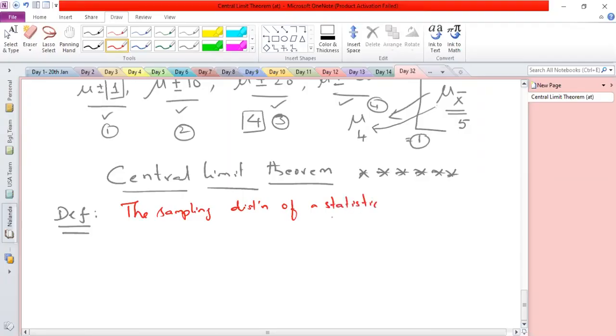What is the statistic? A statistic can be mean, standard deviation, minimum, maximum, variance, whatever it is.